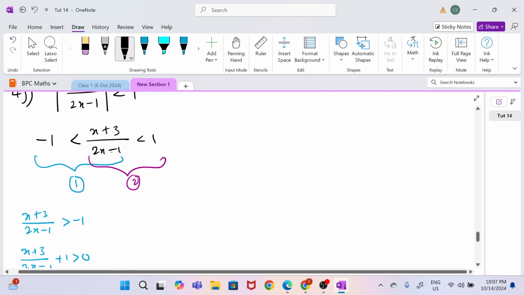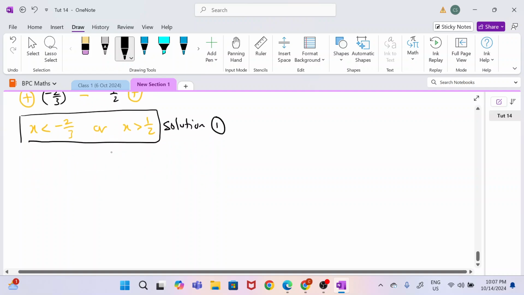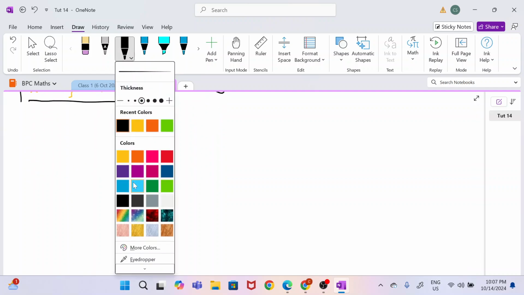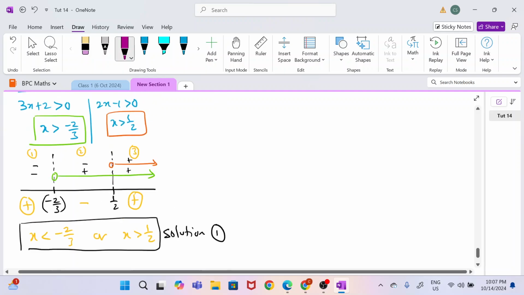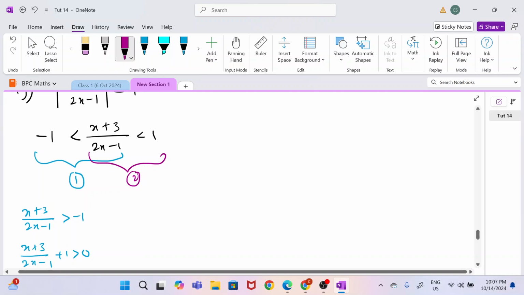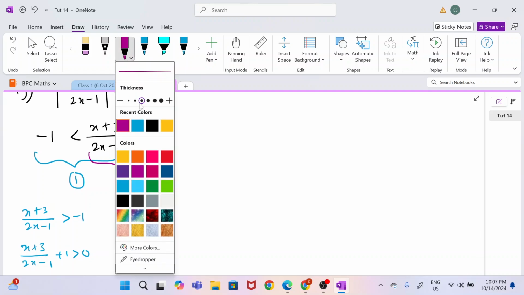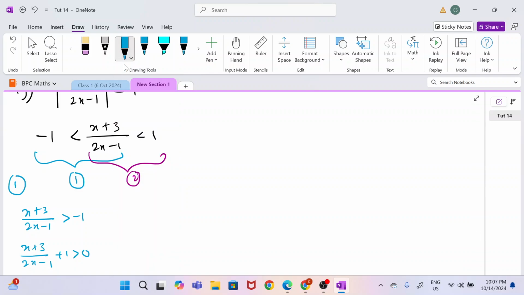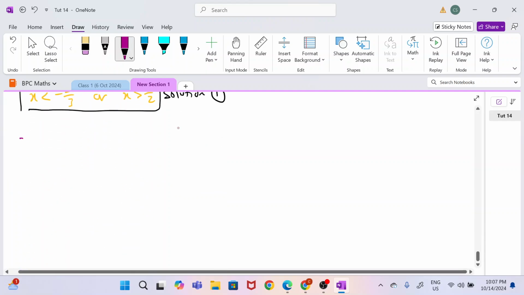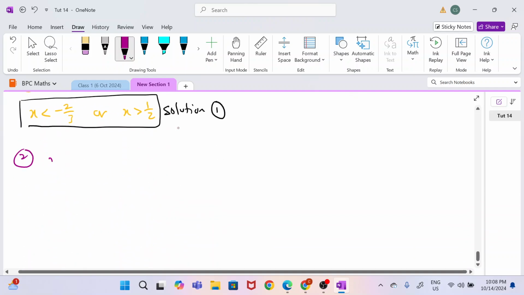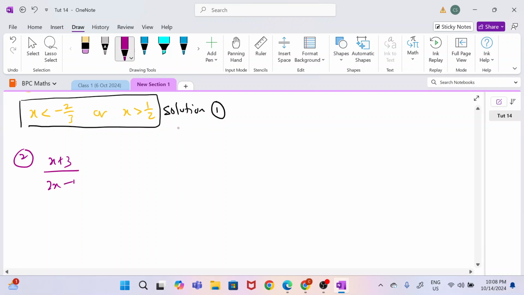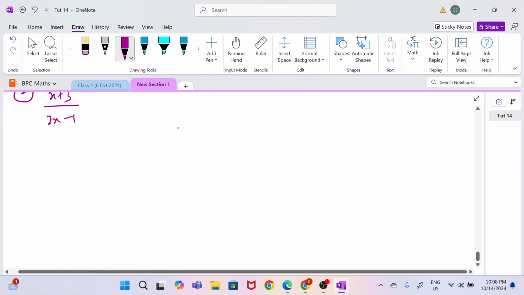Now we have the second inequality. Our second inequality is x plus 3 over 2x minus 1, let me double check, and less than 1.